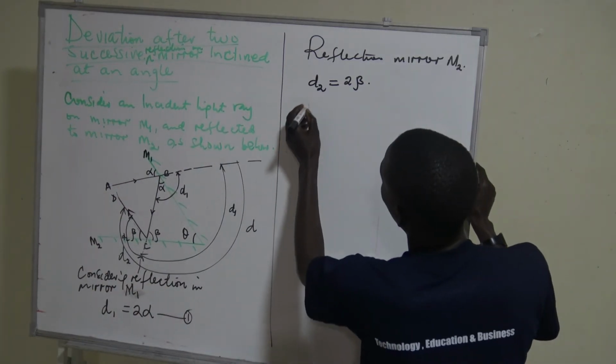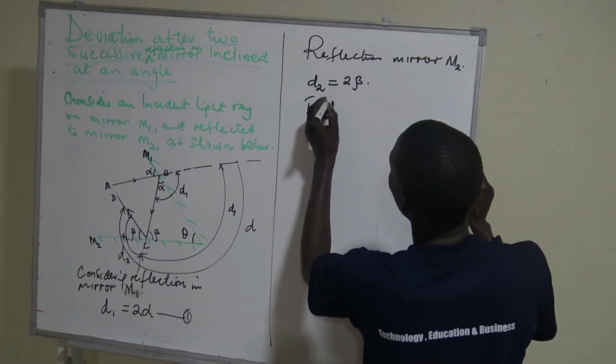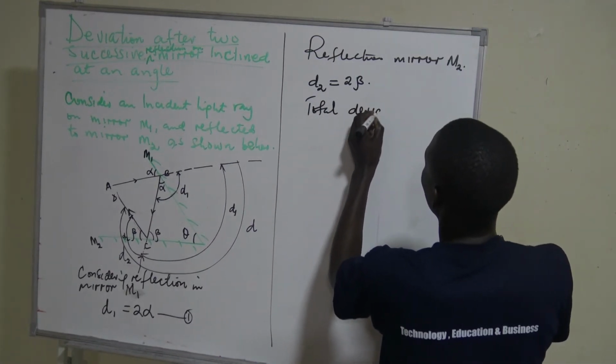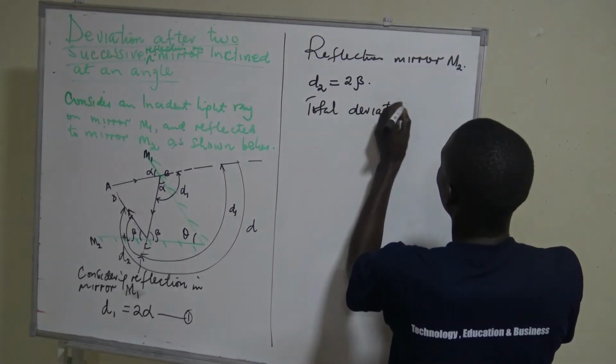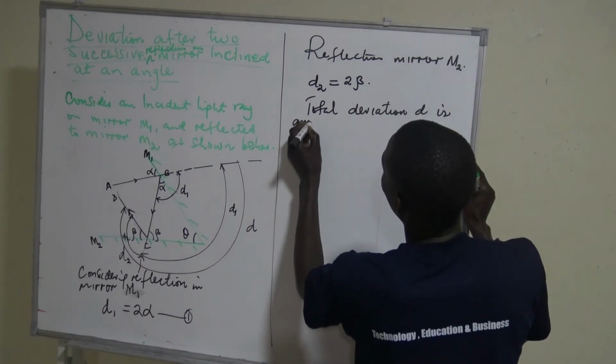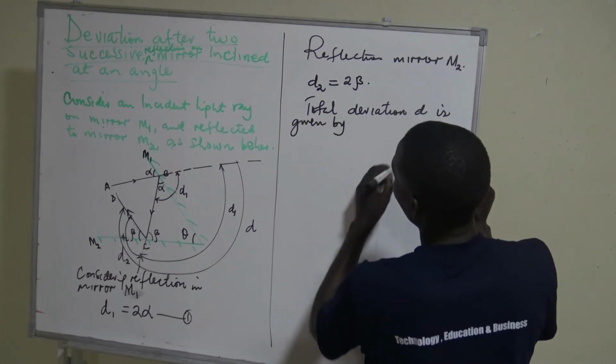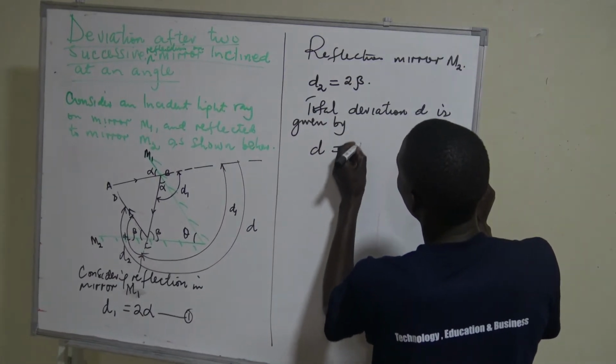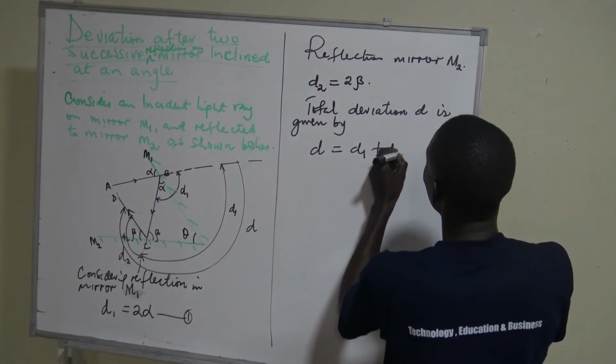Therefore, I can say the total deviation D is given by D equals D1 plus D2.